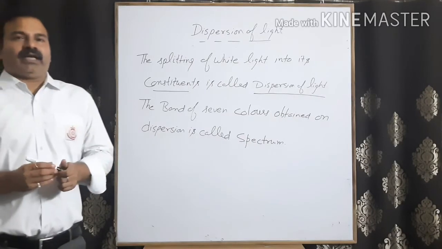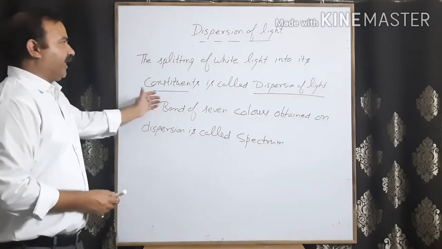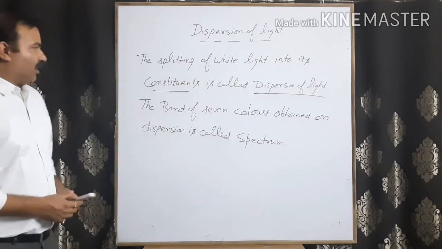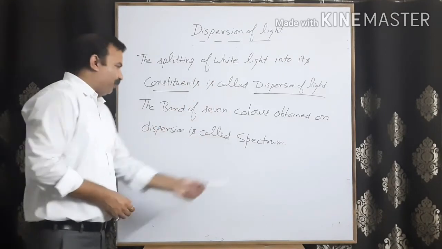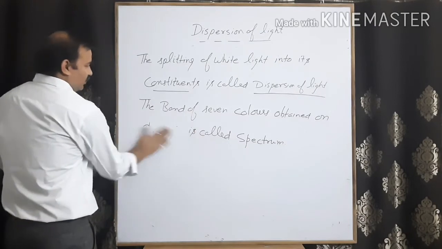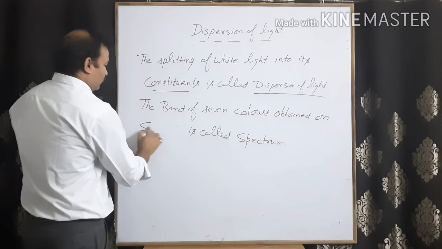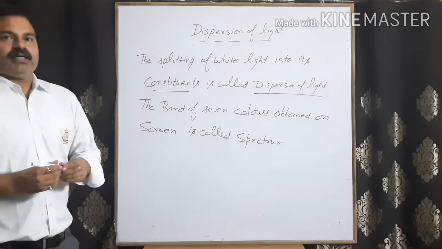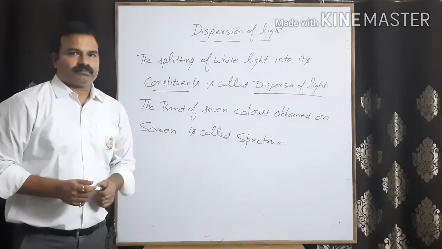Constituents means the light of which it is made up. You may write that it splits into 7 colors. Now, the band of 7 colors obtained on a screen is called a spectrum.